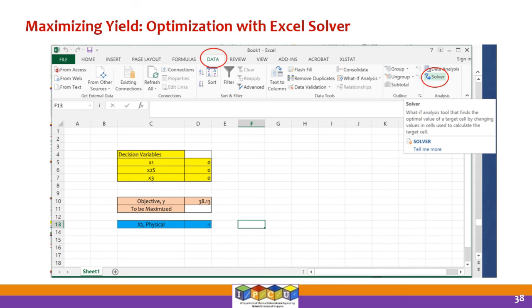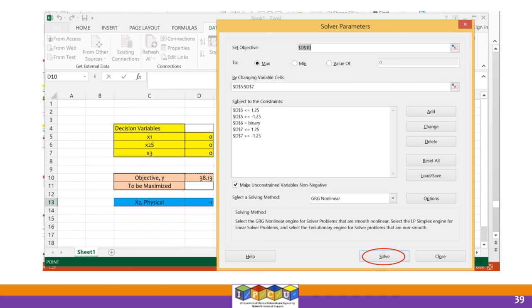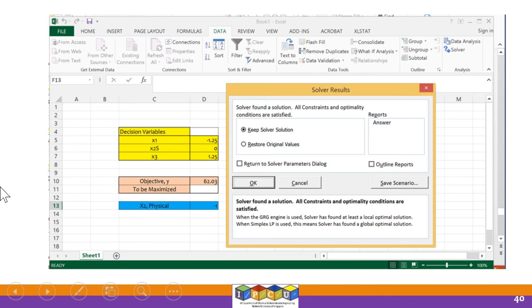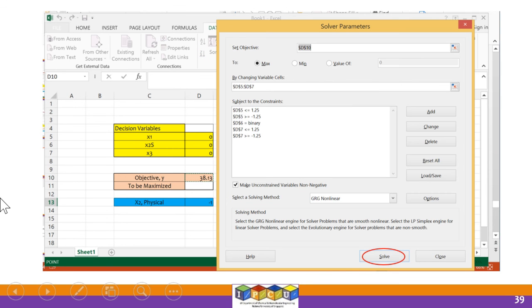Then you invoke the solver in Excel, and out comes the solver. As we have seen earlier, you can set the objective. It's going to be cell D10, because D10 contains the value of the formula for y, and you're trying to maximize it. Therefore, you click on the max button there. The decision variables are in D5 to D7, so you indicate that here.